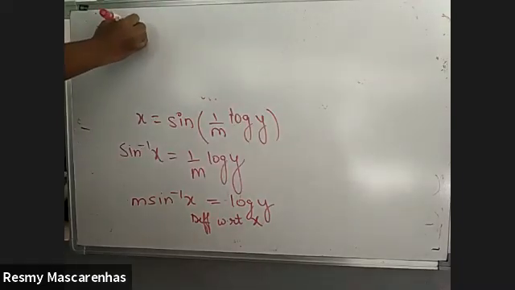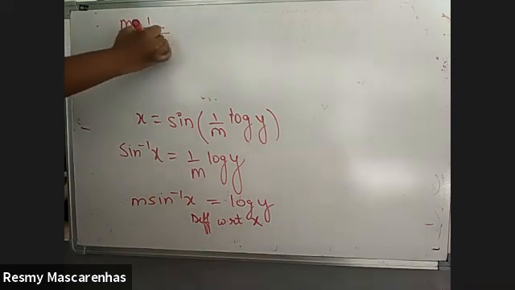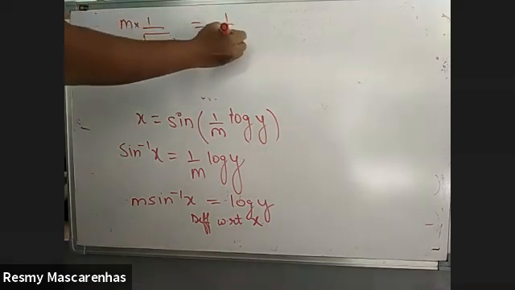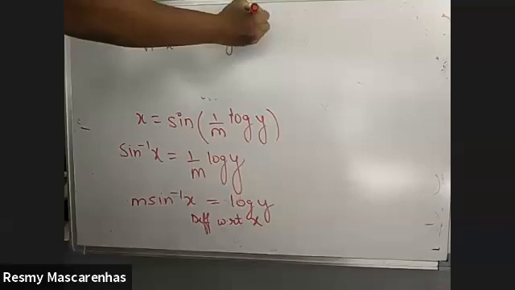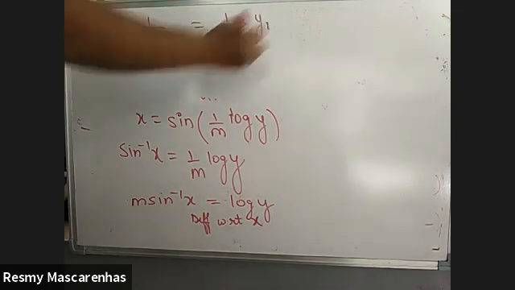So m into the derivative of sine inverse of x, which is 1 upon root of 1 minus x square, is equal to the derivative of log y, which is 1 upon y into the derivative of y, which will be dy by dx or y1.